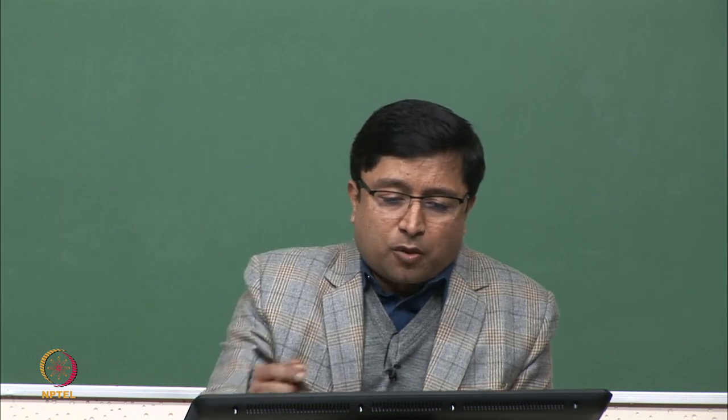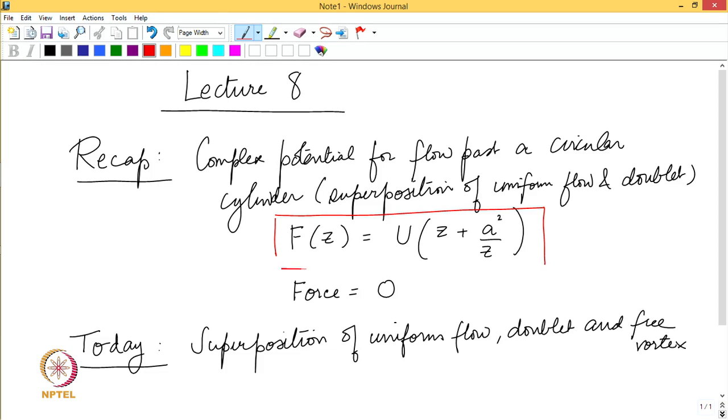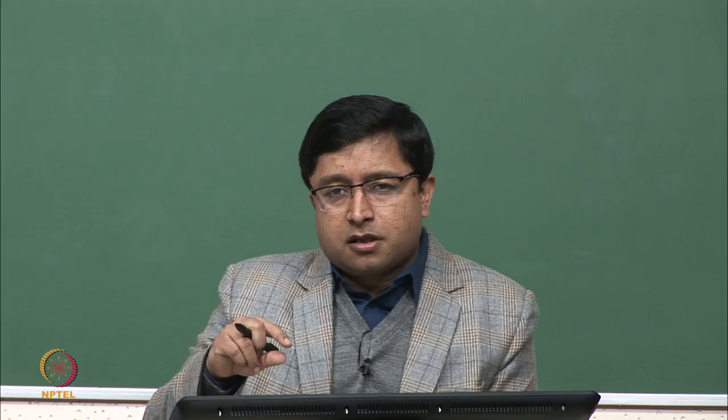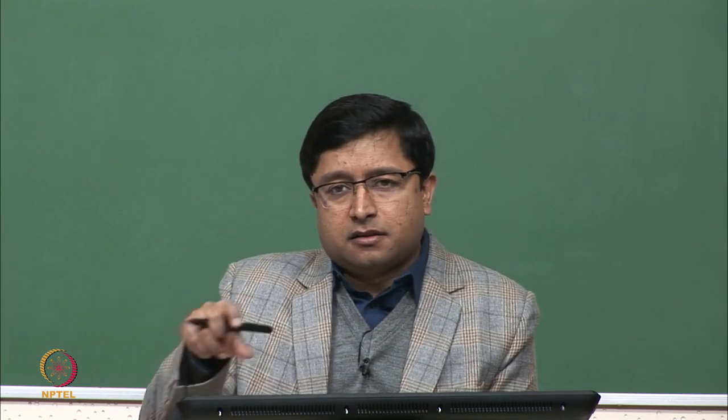In that case, the complex potential could be written as f of z, the superposition of a uniform flow, which is u times z, and the doublet, which is u a square by z. By doing this, we could show that on a surface at a distance a from the origin, the streamline corresponds to psi 0, and we could replace that streamline with a circular cylinder.